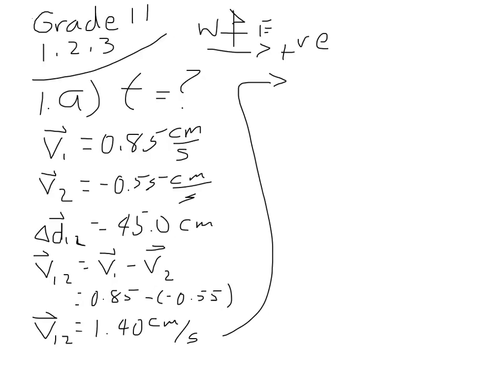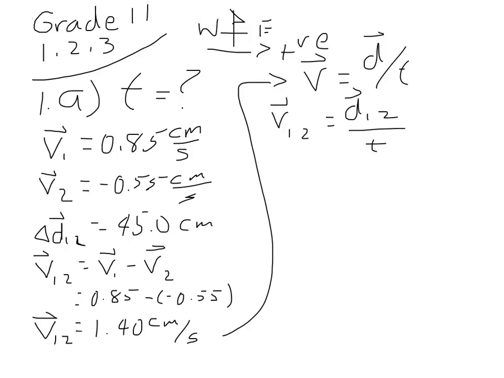We can plug it into our average velocity equation, which is v equals d over t. In this case, it's v12 equals the displacement from 1 to 2 over total time.